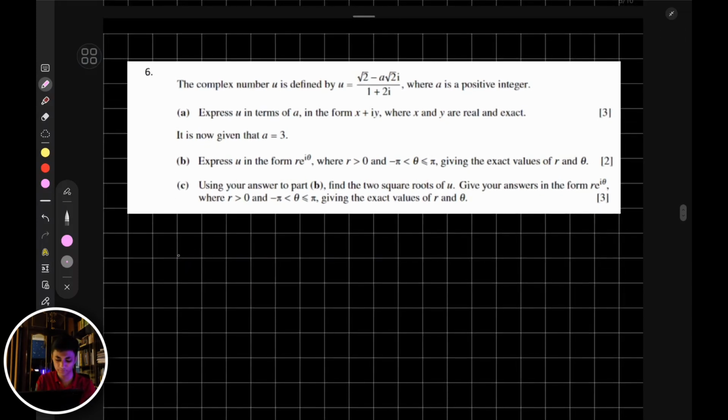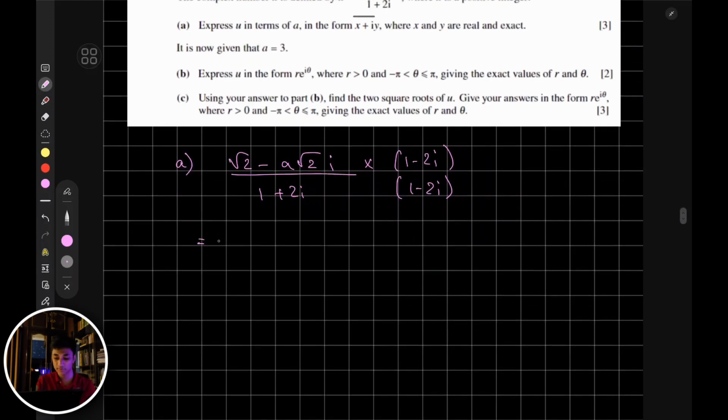If you want to do that, you multiply by the conjugate complex number in both numerator and denominator. How does it look? You multiply by 1 minus 2i, which is the conjugate of 1 plus 2i, and now simplify.